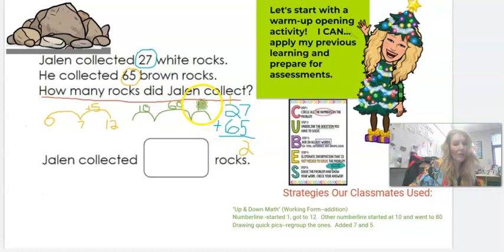Who can tell me why I did it like that? For me, it's faster because I can count easily by tens a lot faster. If I go 10 plus 60, that means I have what? 70. And if I jump 10 more, then I have 80. So now I'm going to look at my 12 and my 80.